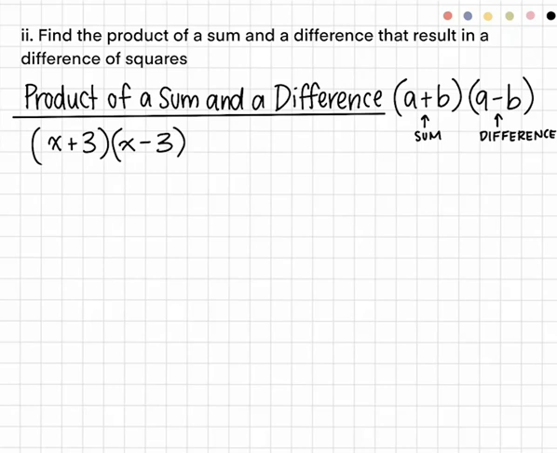So, to find the product of a sum and a difference of two terms, we're going to use the pattern. So there's a new pattern here. So what we're going to do is find the product of the first terms and then find the product of the second terms. Okay, so let's write that down.